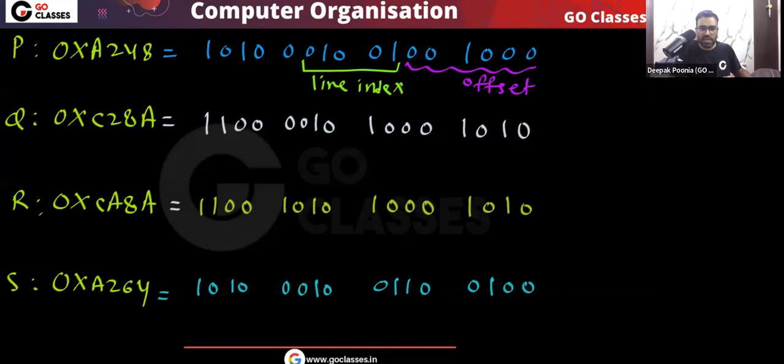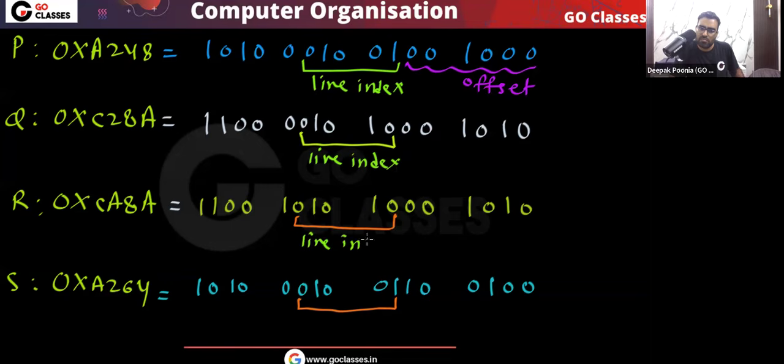That means to which line the block containing P will map to. Is this clear? Similarly, to which line the block containing Q will map to, and to which line the block containing R will map to, and to which line the block containing S will map to. These are the line indexes.